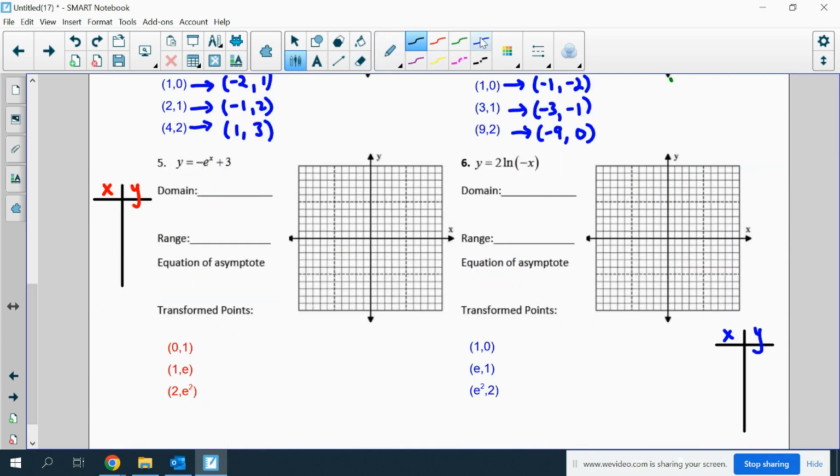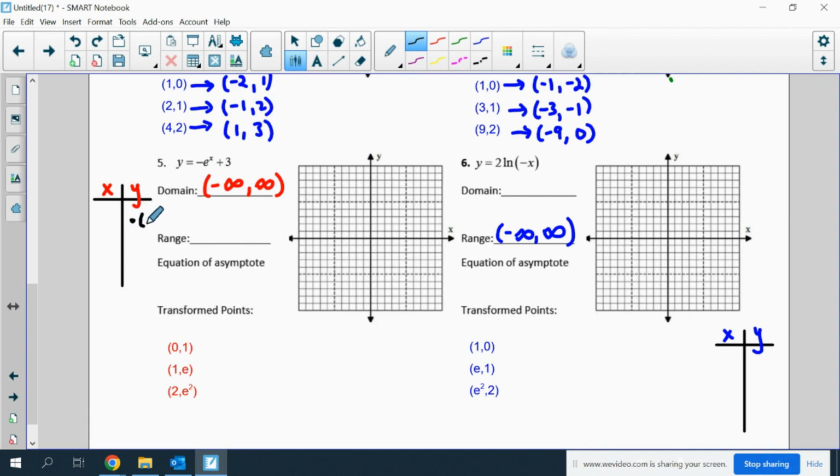Lastly, let's do problems 5 and 6. So again, the domain of any exponential function is negative infinity to infinity. The range of any log function is negative infinity to infinity. The equation of the asymptote in number 5, I guess we should talk about what's happening.